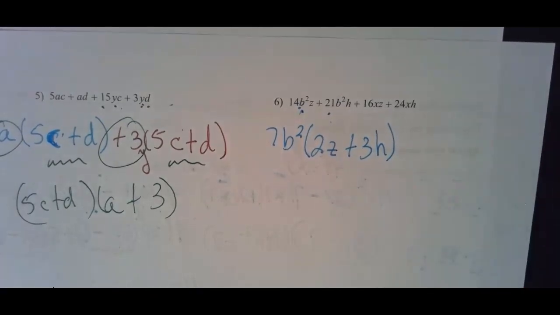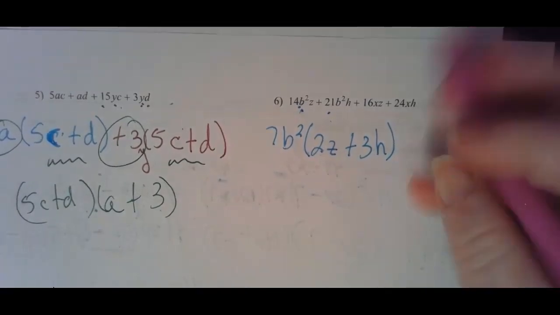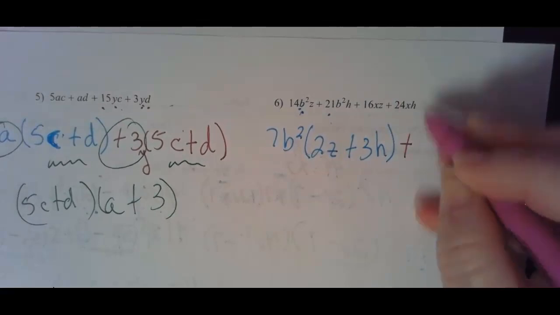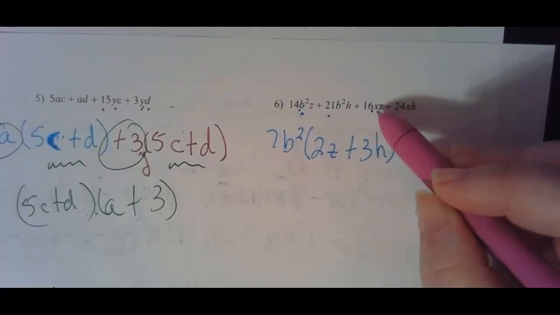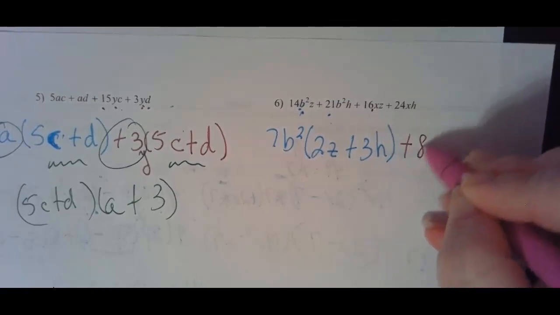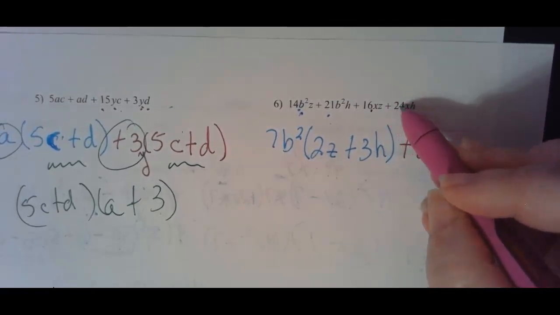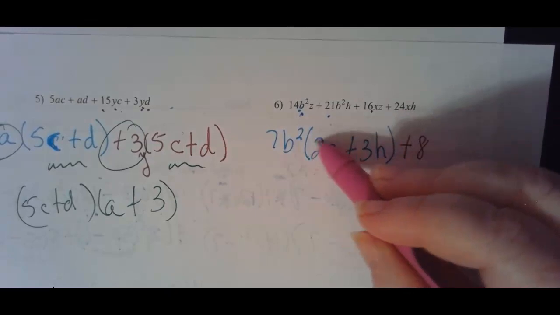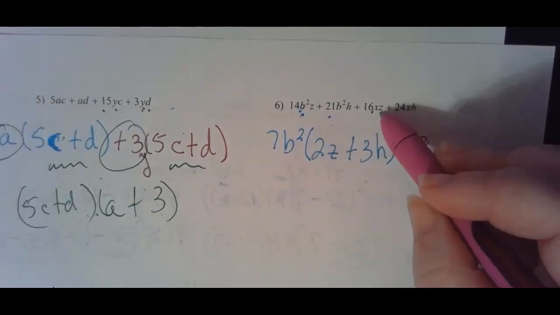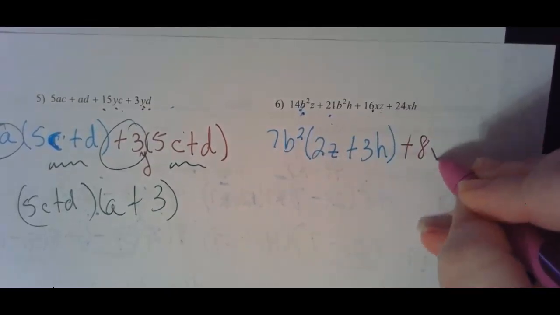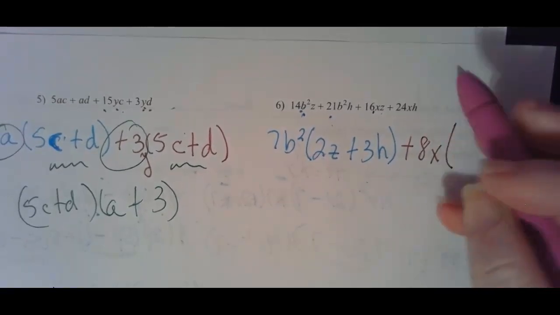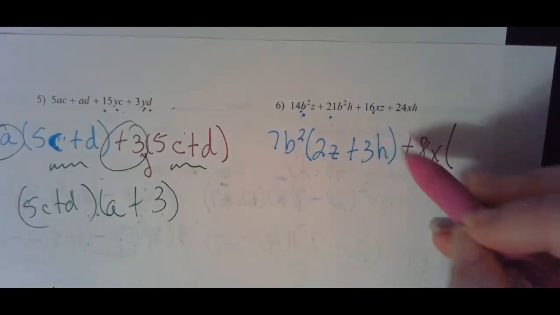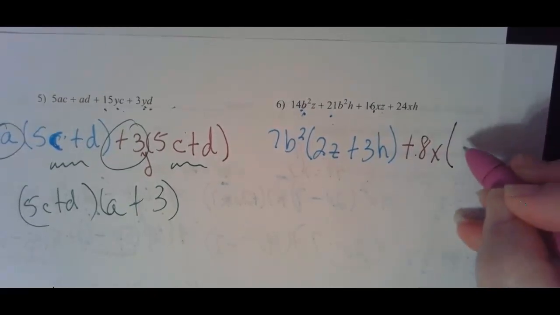Alright, next two. I know I need a 2, so 2 divides into 16 8 times, and we can see 8 is a common factor there, yes, and I know that I need a Z, so what's left over here is an X. When I divide out 8 from 16, leaves me with 2.